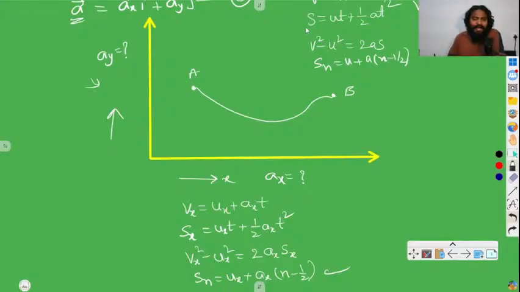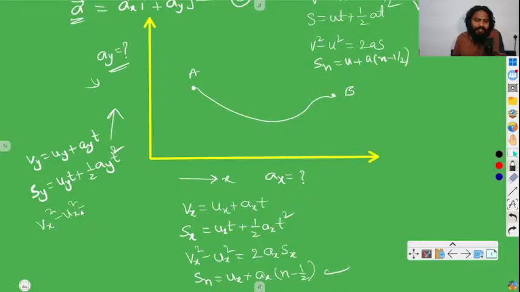Next, coming to the y-axis, if you want to find any parameter along the y-axis, you must know ay, and then you can use the same formulas. vy = uy + ay·t, and sy = uy·t + ½ay·t², and vy² − uy² = 2ay·sy, where sy is the displacement along the y-axis, right?